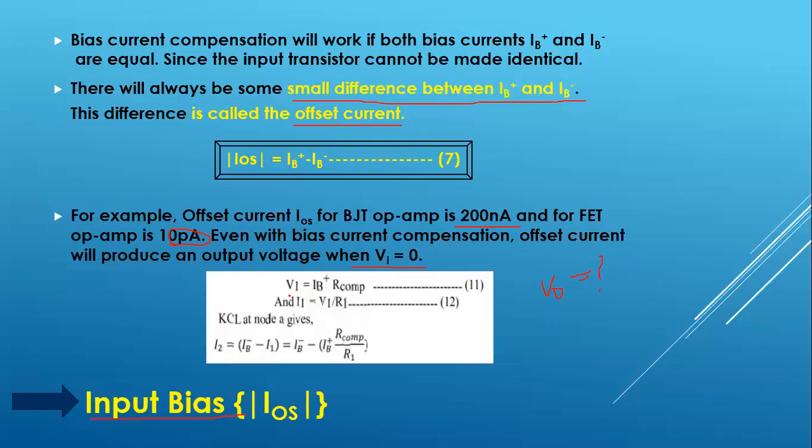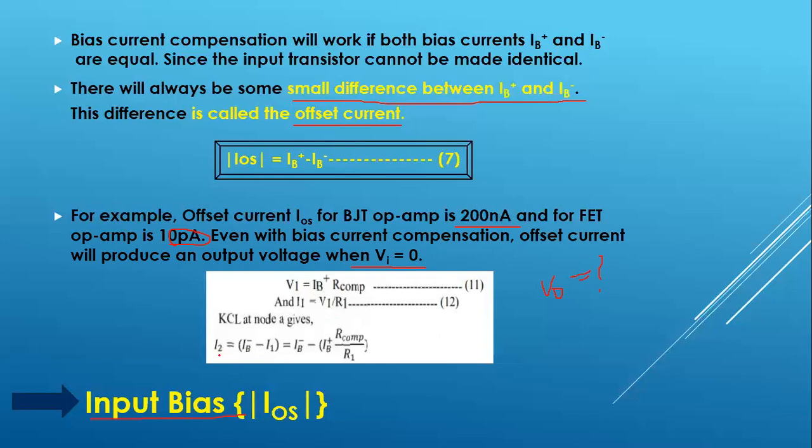We have to find out from the expressions. So we already know that V1 is equal to IB plus into R compensation. Here we are going to use the same circuit that has been used for IB, that is input bias current, with the R compensation network. So considering that circuit, you will have V1 is equal to IB plus into R compensation, and we can write I1 is equal to V1 by R1.